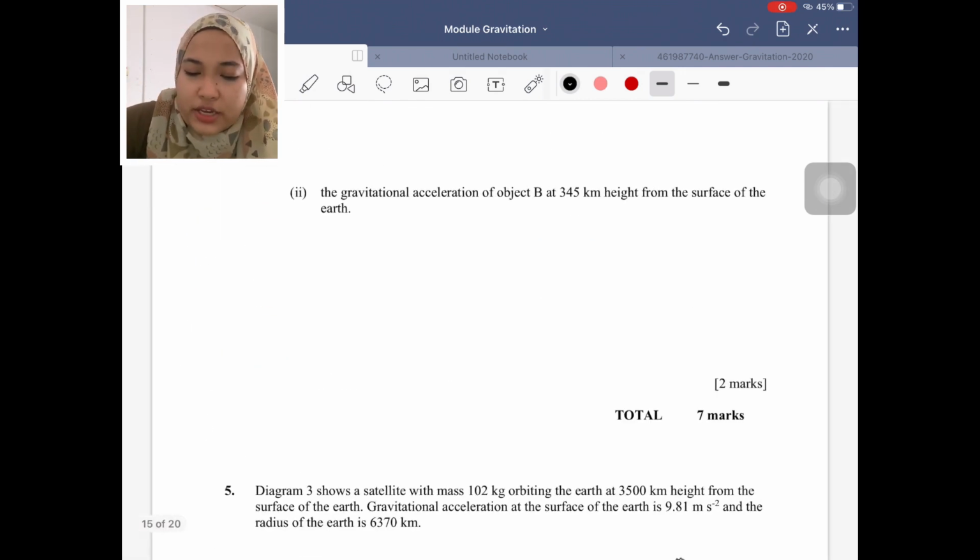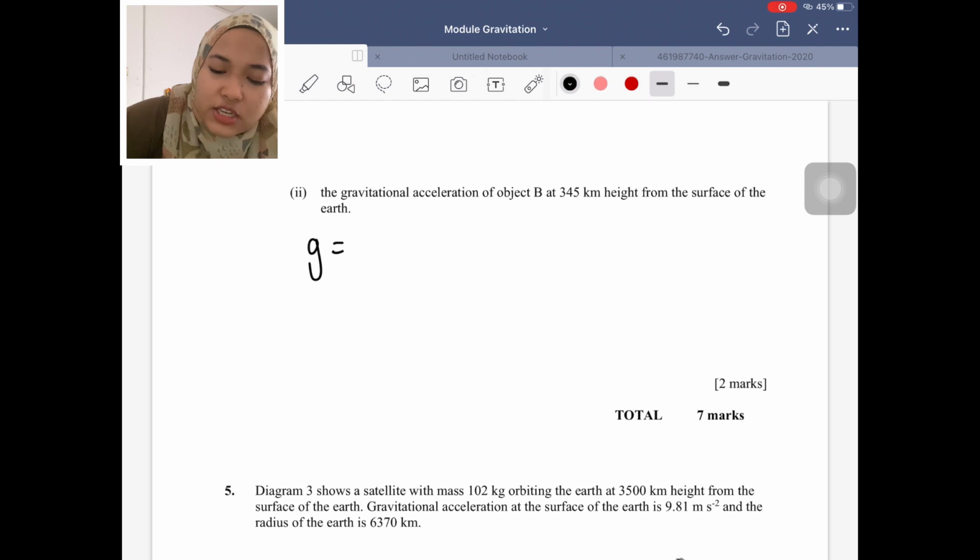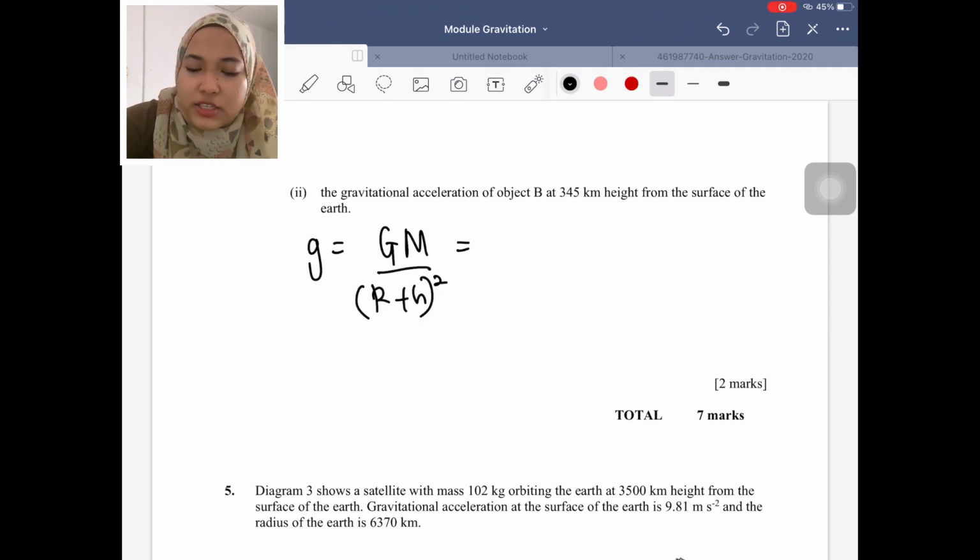Alright, so next question. The gravitational acceleration of object B at 345 kilometer height from the surface of the earth. Okay, so g tadi sama dengan GM over R plus H squared. So kita nak cari g.